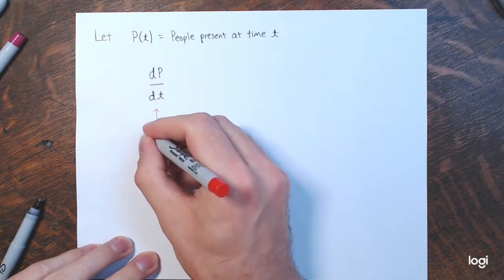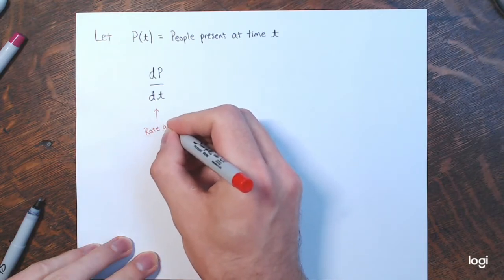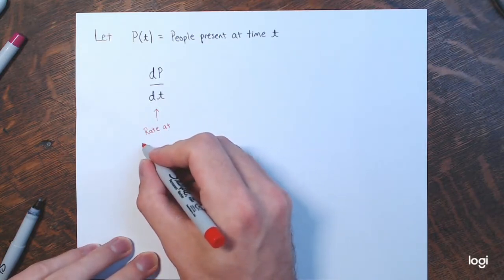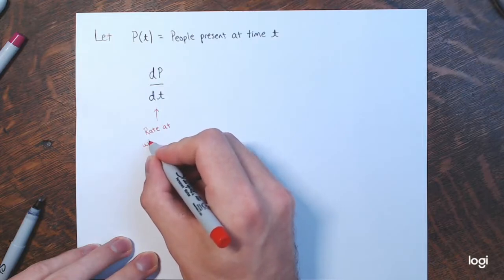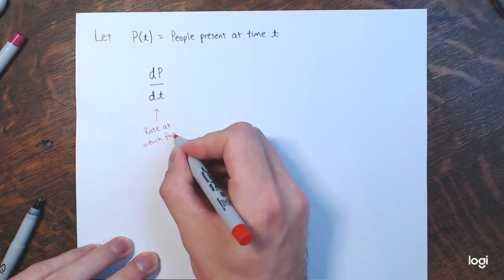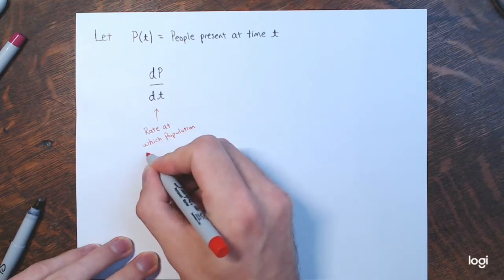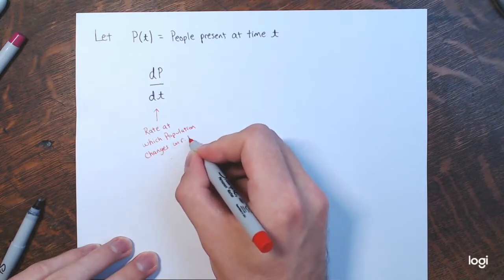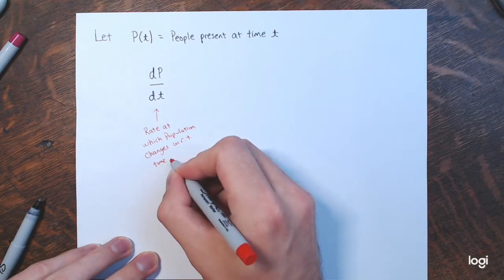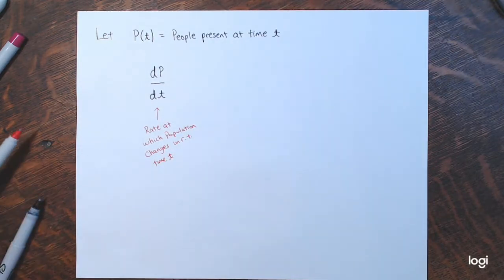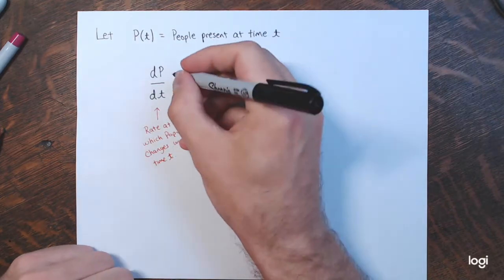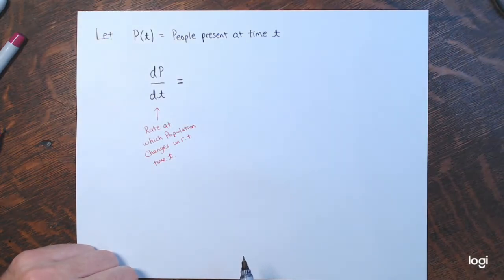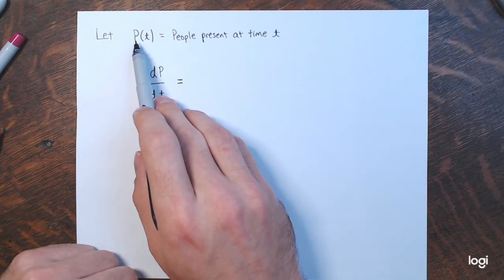This is the rate at which the population changes with respect to time t. And they are telling us that this rate is proportional to the number of people present at time t, so proportional to p of t, or just p.